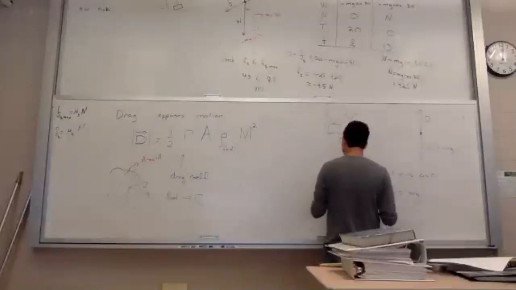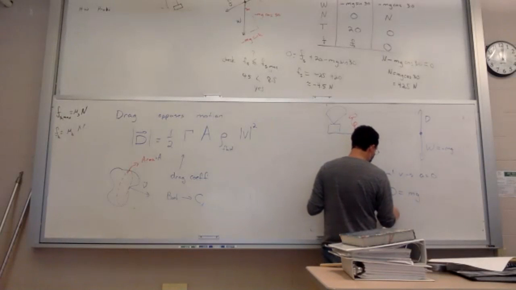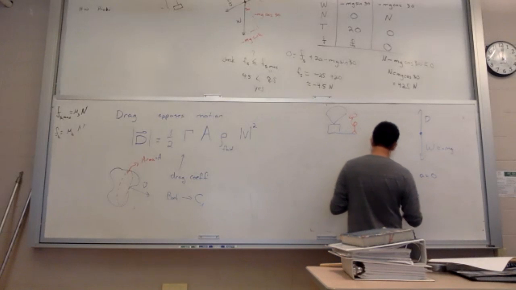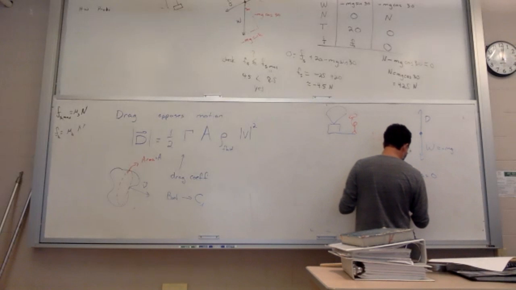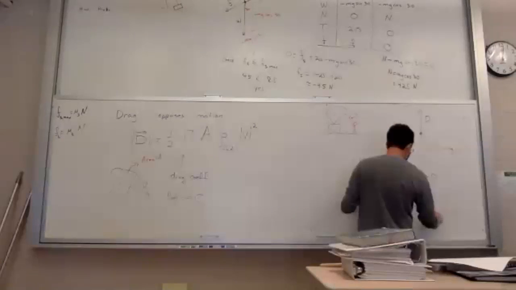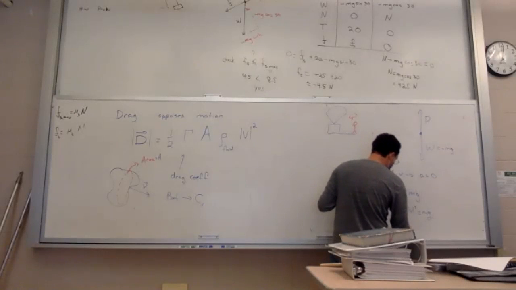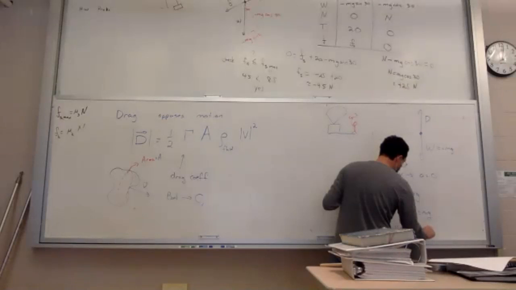So I just solve the problem and say, okay, 1/2 A times gamma times rho, the density of the fluid, times the velocity squared is mg. Turn it around and you get the velocity equals the square root of 2mg over A gamma rho.